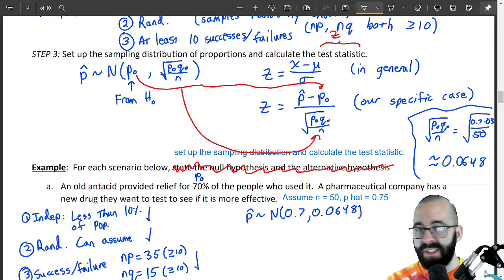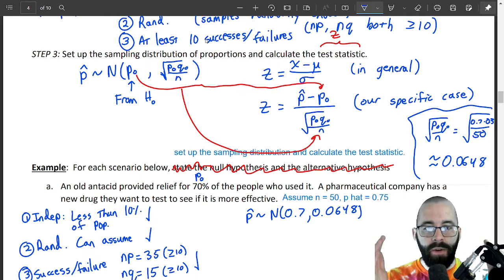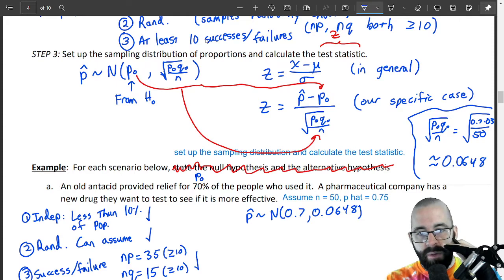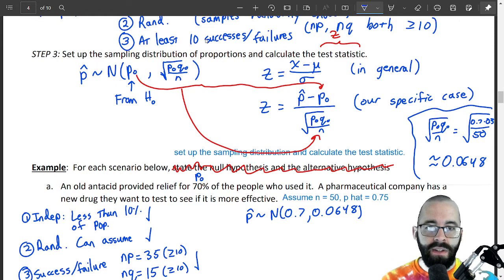The empirical rule for the normal distribution says about 68% of the experiments will be between one standard deviation below the mean and one standard deviation above the mean. So about 64% and 76% average success rate every time we do this experiment. Okay, so that's how we expect p hat to behave. Every time we do this experiment, it's going to be random.